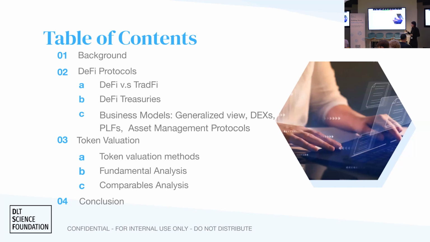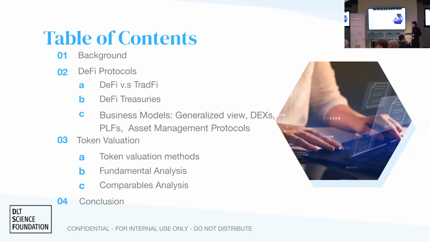And in this specific lecture today, we'll be looking into two different methods. Again, one is the fundamental analysis, where we actually look at the balance sheet and income statement, the financial reports of protocols, and we're going to compare them also with traditional financial services.